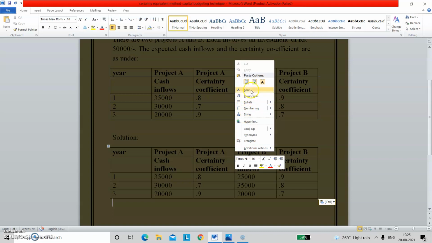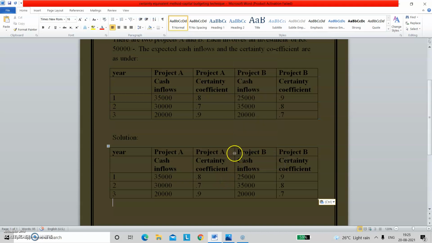Now we are going to insert one column on each side.